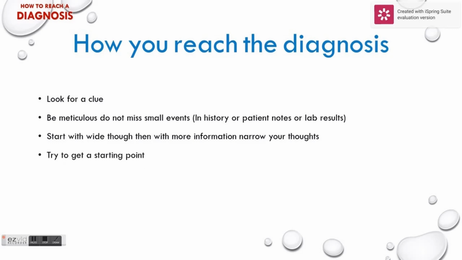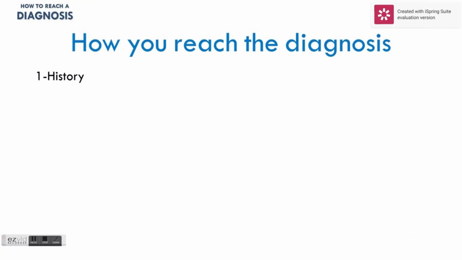Try to find a starting point that may lead you to a diagnosis, like in genetics or dysmorphology, like any part of genetics in the medical field. It is history and history and history in addition to examination. So these are the two tools that may lead you to a diagnosis.